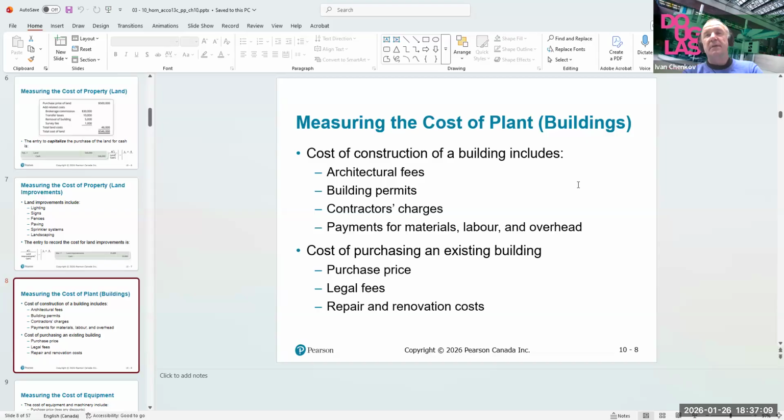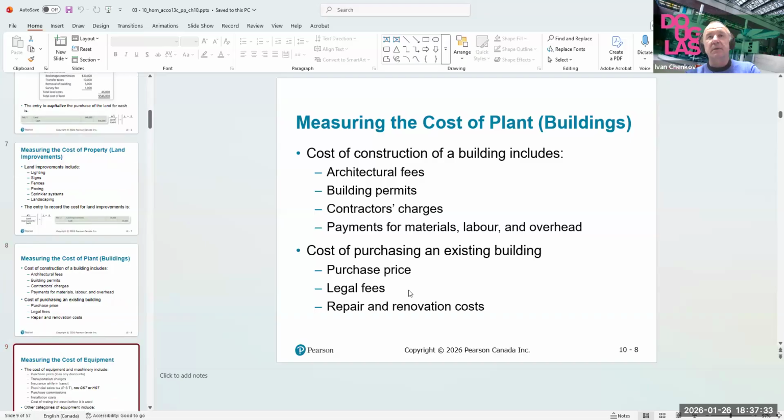For purchasing an existing building, we include the purchase price plus any legal fees, plus any repair and renovation costs needed to bring the building to its intended use. Once the building is ready to be used, we can stop accumulating the cost and come up with the cost of the building.